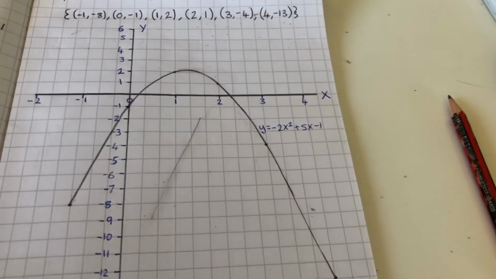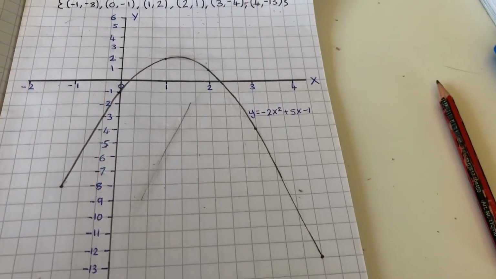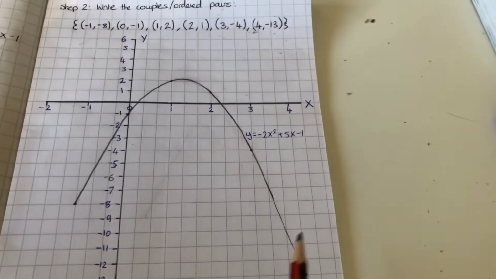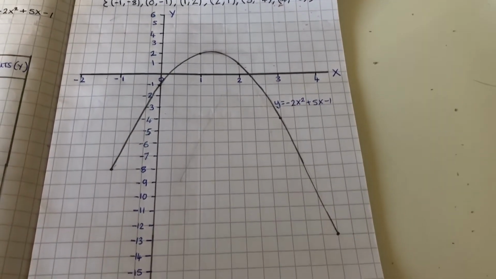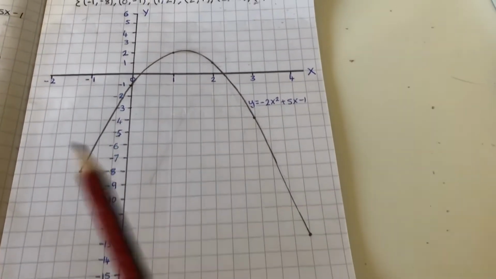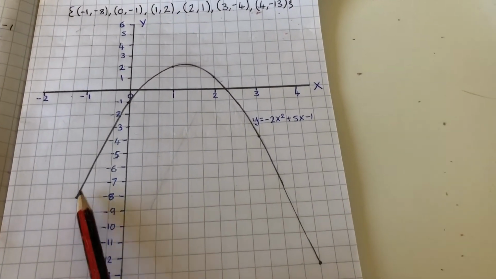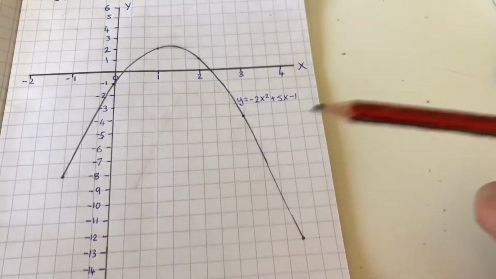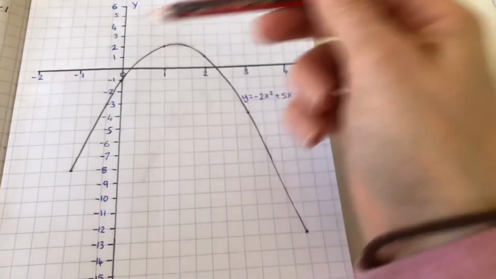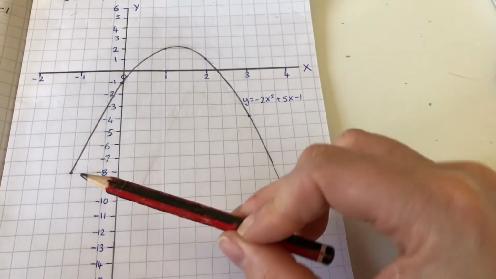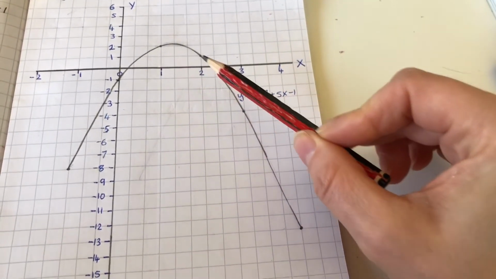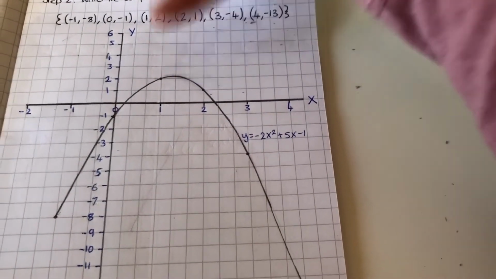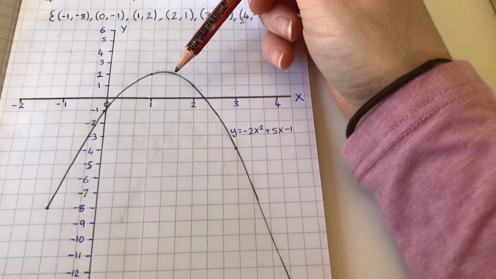Now, the reason I chose this question to do with you was on purpose. This is a harder question than the one I looked at with you yesterday or in the previous video, because each of our points were not symmetrical opposite each other. So when the points were there without the curve, it actually wasn't that easy to spot where this maximum point, the highest part of this curve, should be.